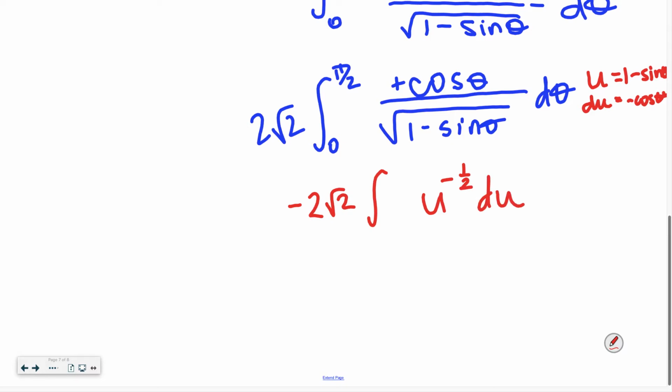Some of you like to change your limits of integration and just stick with the u's. Some of you like to change back to the thetas and then plug in your theta values. That's fine too. Whatever your method, your arc length ends up being 4 radical 2.